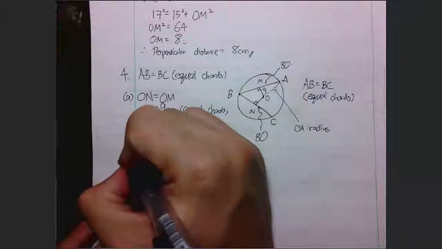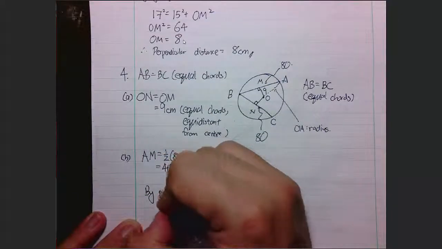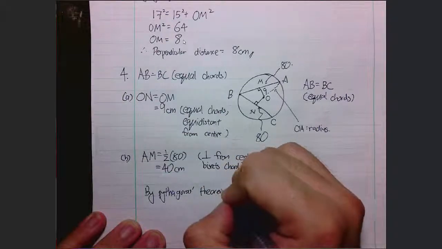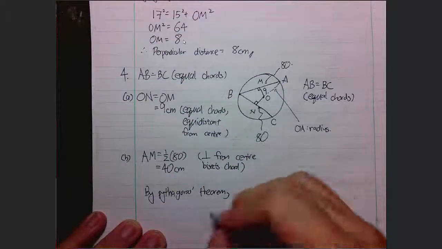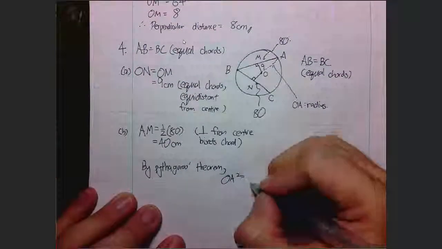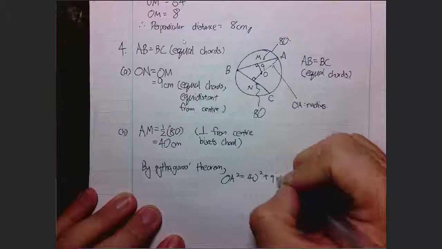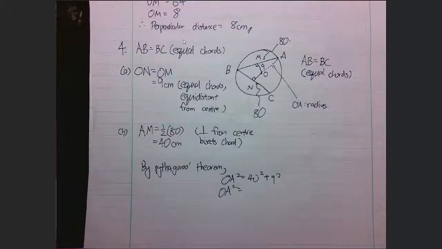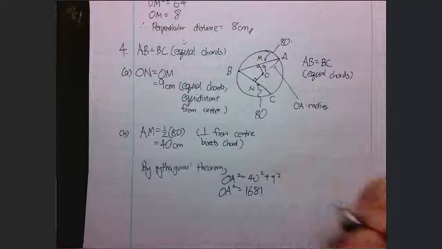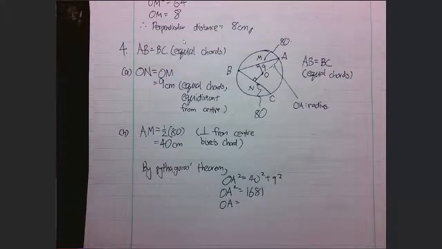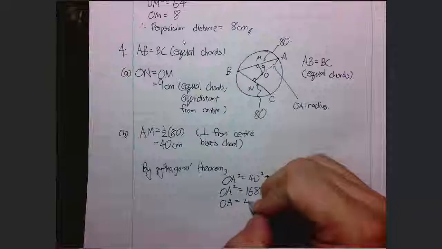Now same thing again, we will just apply Pythagoras theorem. So by Pythagoras theorem, OA squared is equal to 40 squared plus 9 squared. OA squared equals 1681, and finally the value of OA, you square root both sides, is equal to 41.